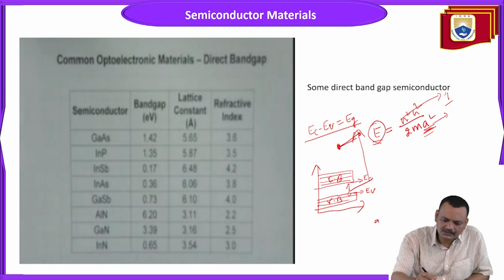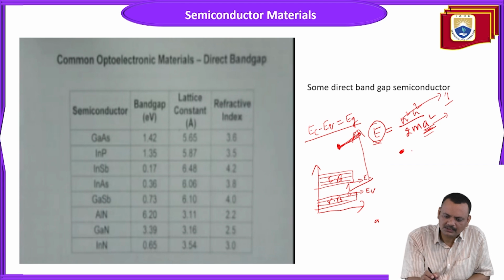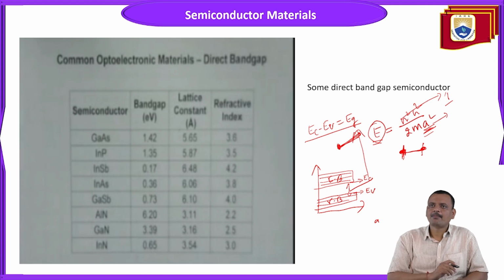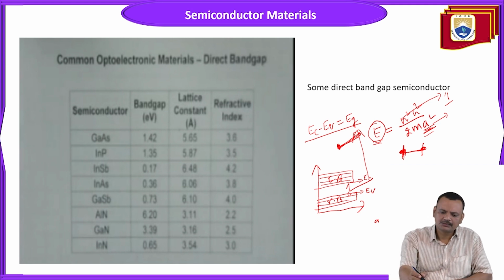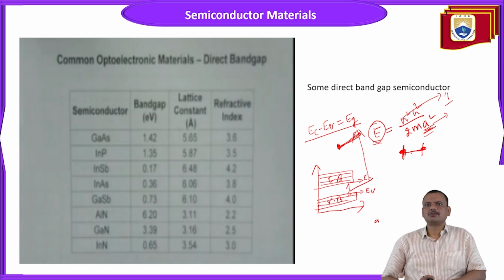Just now I told you, one atom is here and another atom is here, so the electron is restricted between this point and this point. Once the lattice constant, meaning the region of confinement, is small, you will get higher energy levels, and so there are chances you will get a higher energy band gap value.